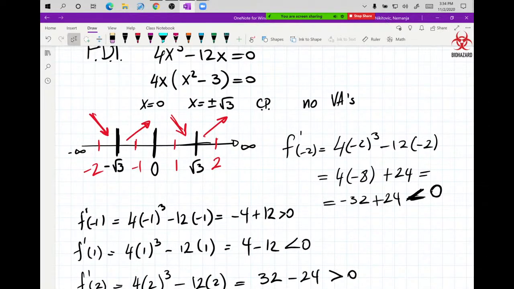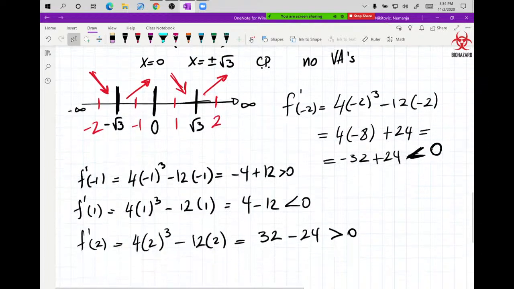Now, can anyone remember what is the thing that I get for free when I do the first derivative test and we do this calculation and find intervals of increase and decrease? What do we get for free? Max and min. Beautiful. The max and the min.